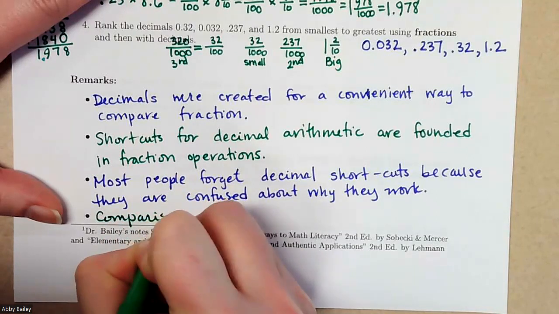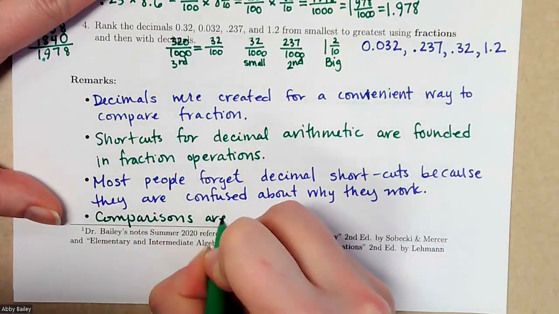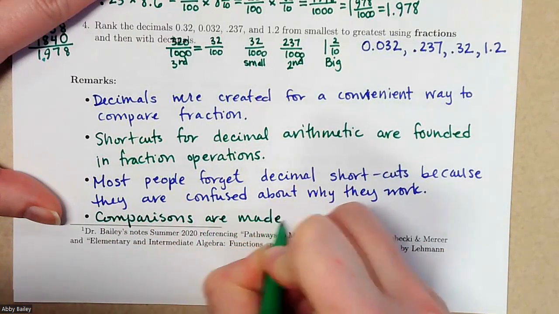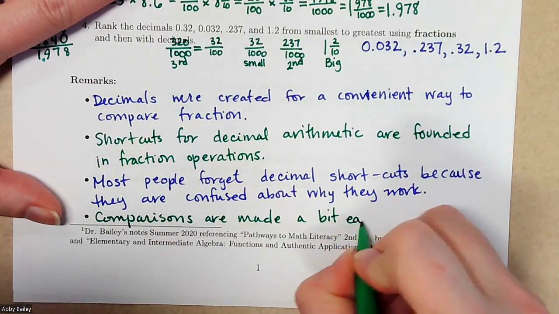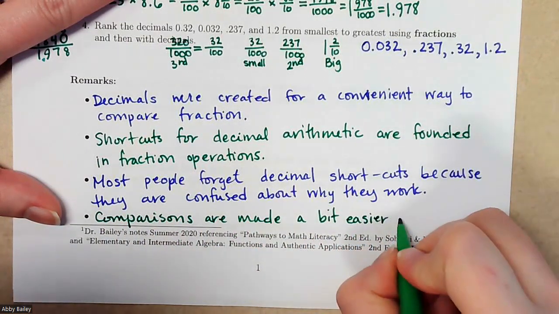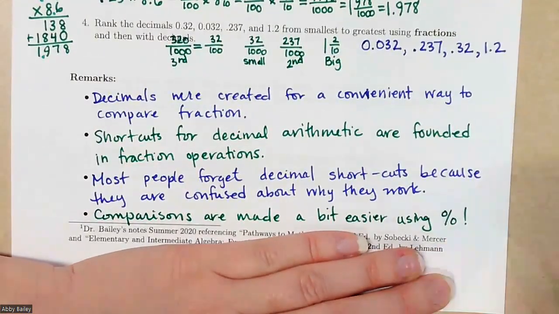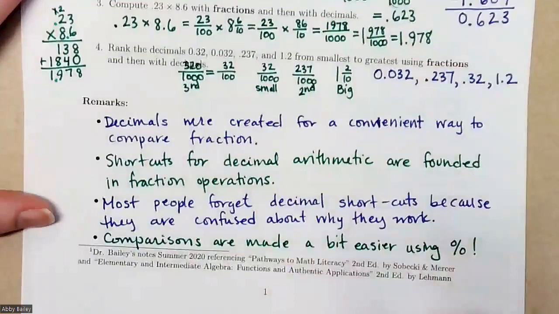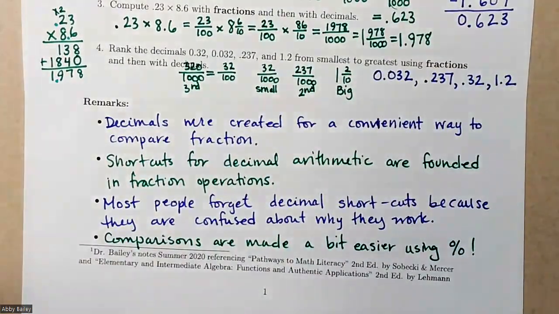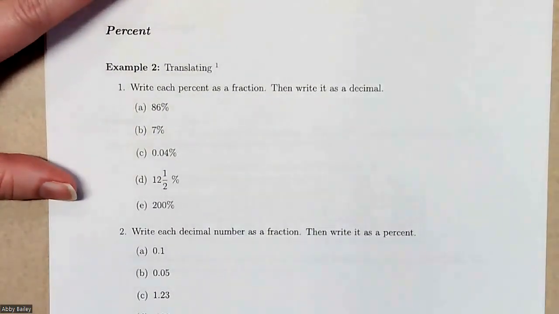Comparisons are made a bit easier using percentages, which is why this section is about percentages. So if you're ever like, why do we even do this? It's because of comparisons. Let's look at this.